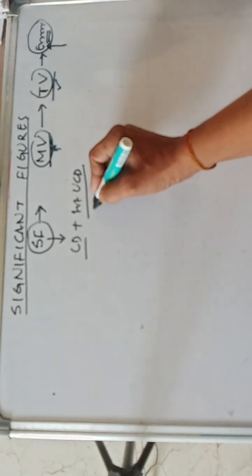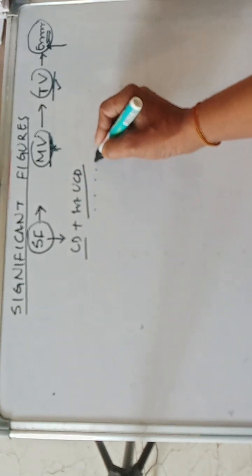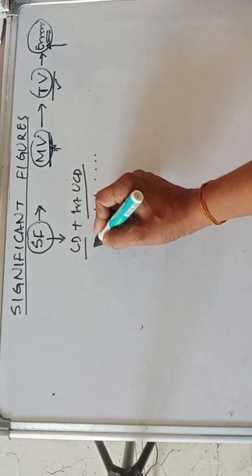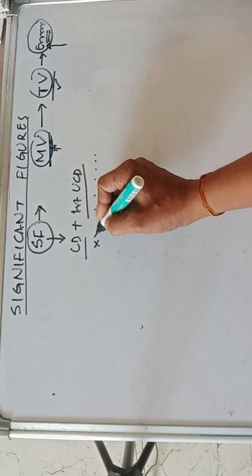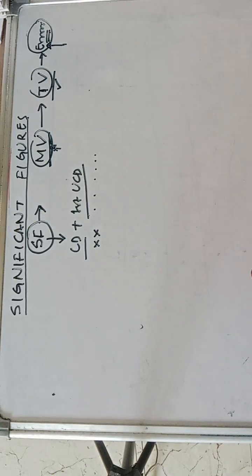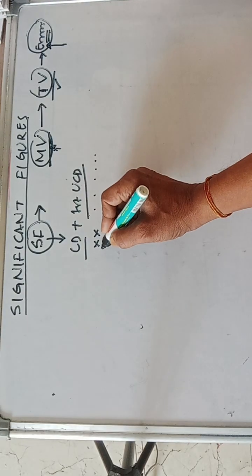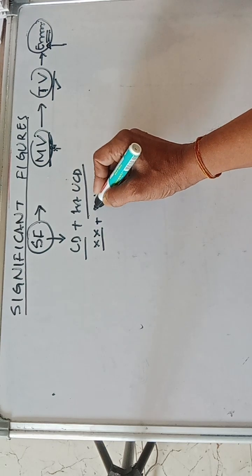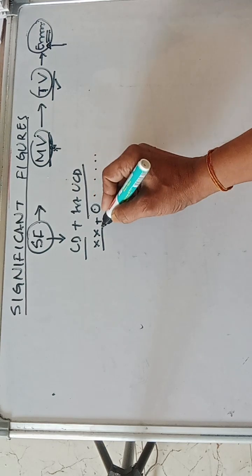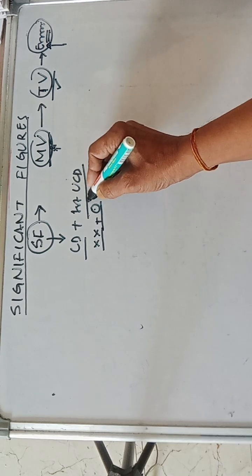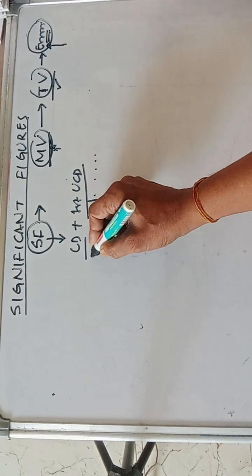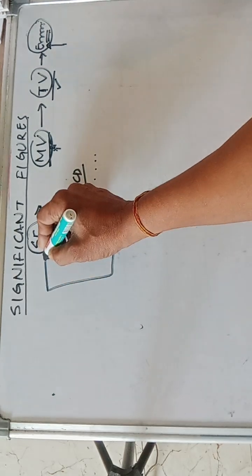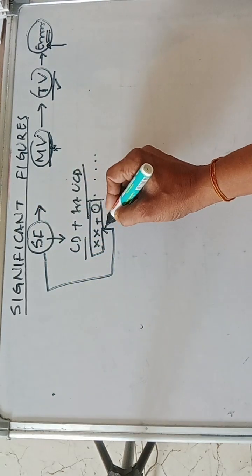In that case, suppose we have a number of different unreliable digits followed by certain digits, then all certain digits plus the first uncertain digit will be included in our measurement as a result of the measurement, and this will give the significant figure.